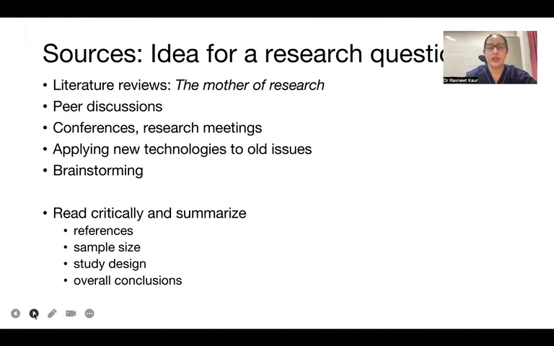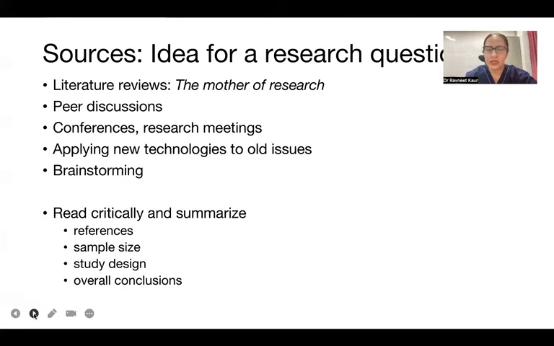But from where shall the researcher get the idea for a research question? There are innumerable literature reviews, which are also known as the mother of research. It can happen anytime during your discussions among your peers. The idea can crop up at conferences, any research meetings, and the researcher can brainstorm by applying new technology to the old ones.